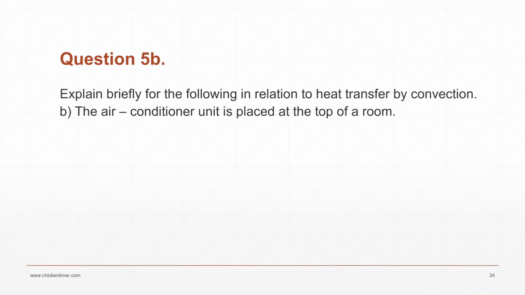So now you explain why the aircon unit is placed at the top of the room. Hot air rises and cold air sinks to the bottom, creating. Can you be more detailed, addressed to the aircon?